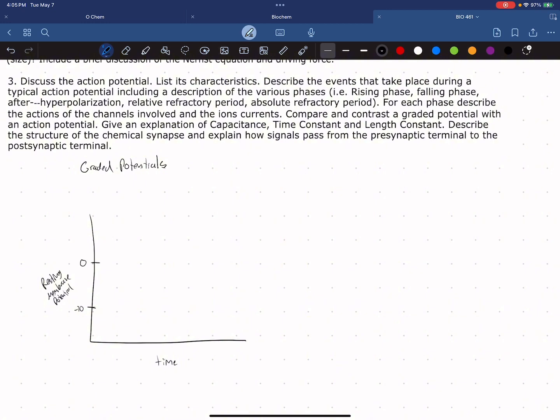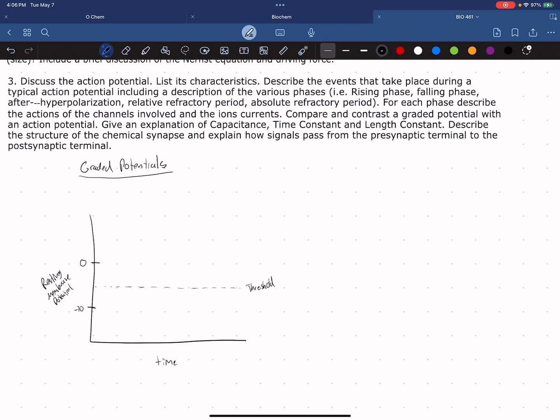And so on these graphs, we have here this line, which will represent our threshold. And the threshold is the point at which this resting membrane potential reaches the level that will cause an action potential.